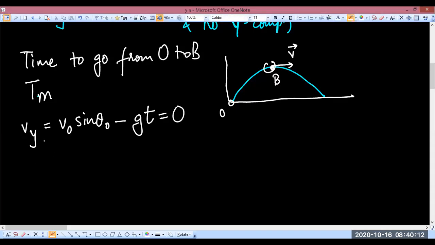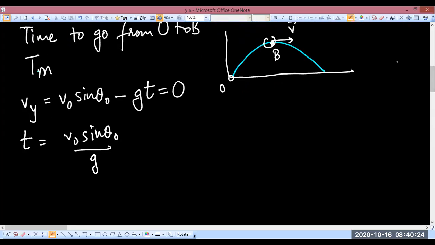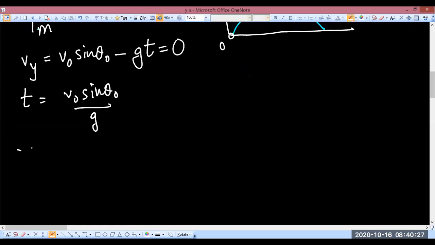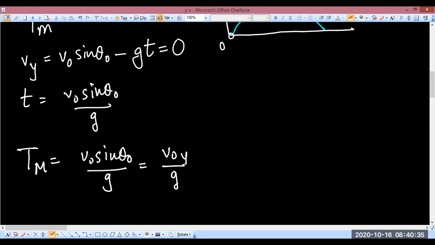If you write Vy is V0 sine theta 0 minus GT and put it equal to 0, you'll get T equal to, very simple calculation, V0 sine theta 0 by G. But this T is nothing but Tm, right? So the final answer is that Tm is equal to V0 sine theta 0 by G, or it is equal to V0y by G, right?